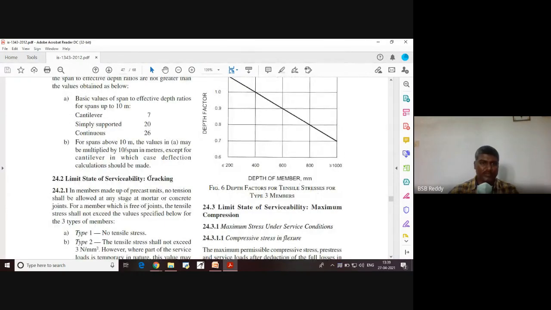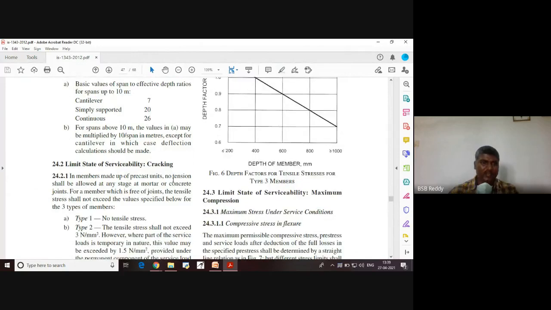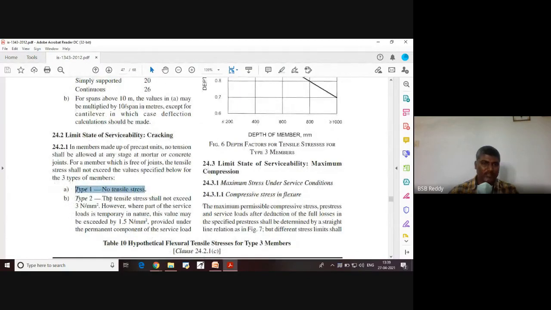Limit state of serviceability, cracking, and you can see that type 1 member, no tensile stress. Type 2 member, the tensile stresses shall not exceed 3 Newton per mm square.